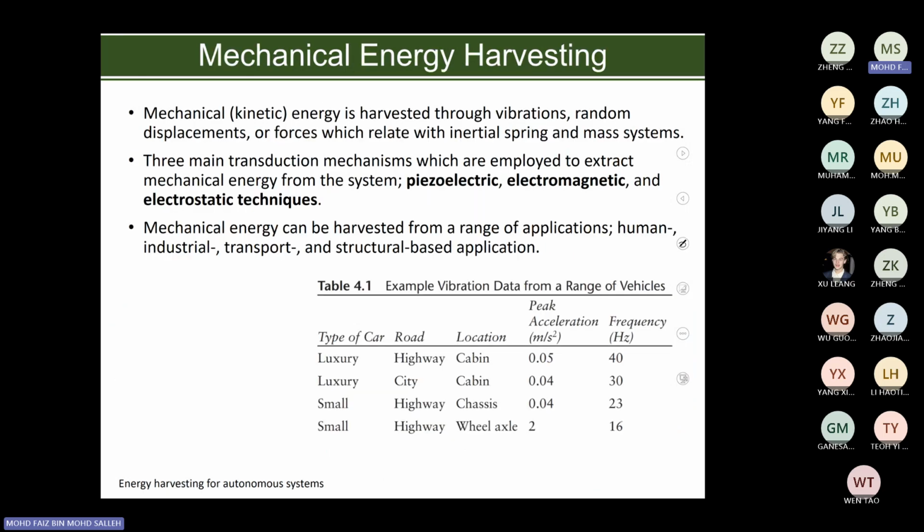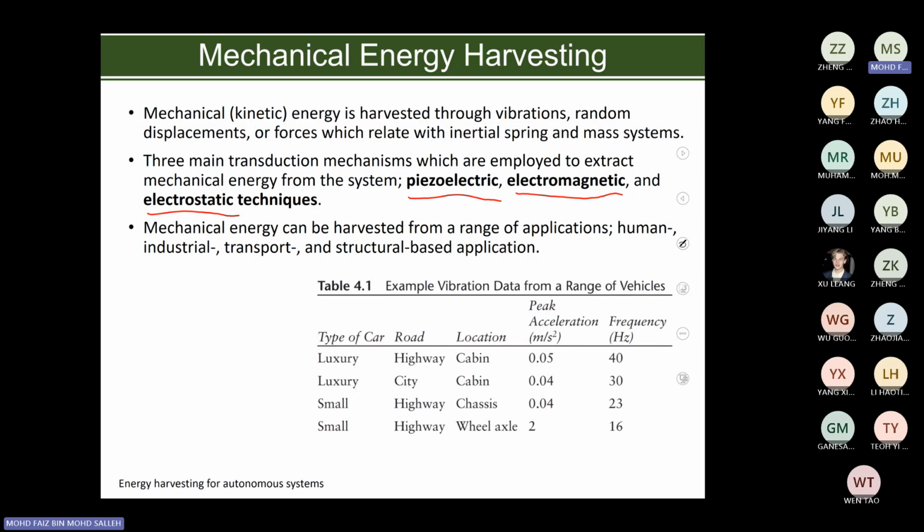Okay, let's read a little bit in brief about this kind of energy conversion. The first one is mechanical energy. We can use piezo, we can use electromagnetic, or we can use electrostatic techniques, all related to the movement of the device to generate electricity.